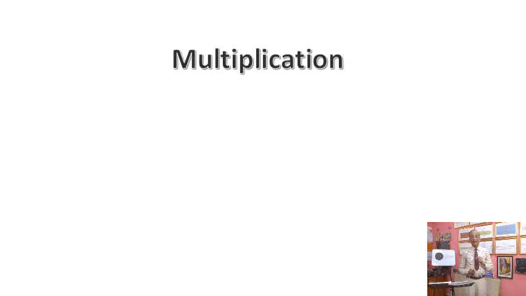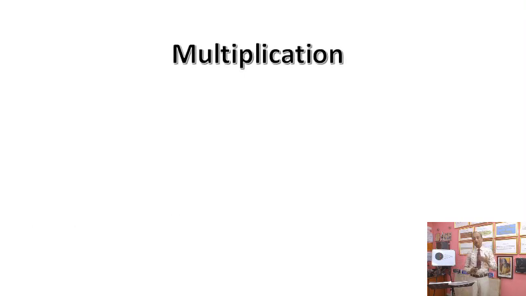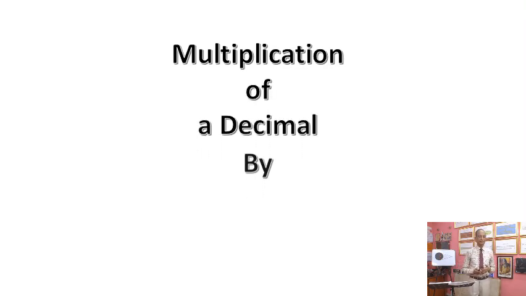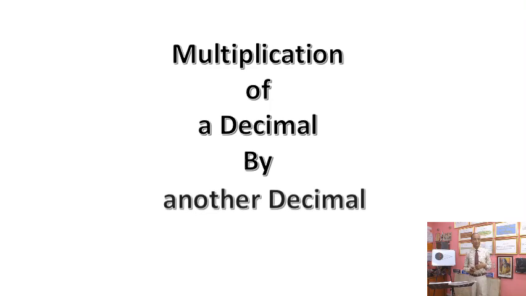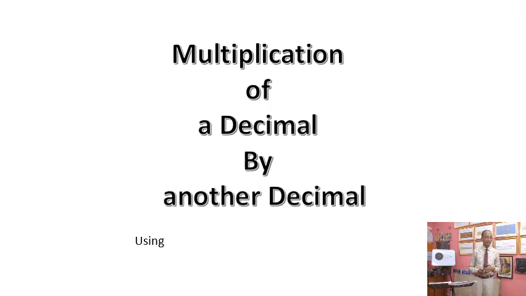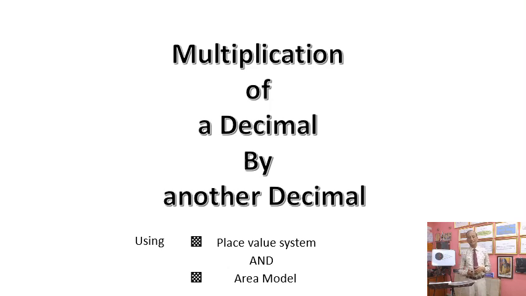In this session, I would like to share with you multiplication of a decimal by another decimal in two different methods. One is the place value system and the second one is area model. Are you ready? Shall we start the first one?